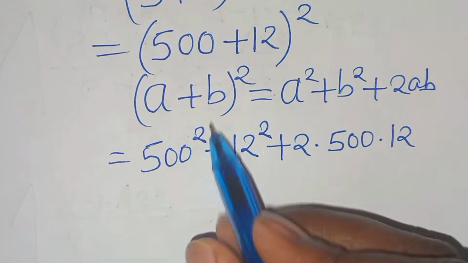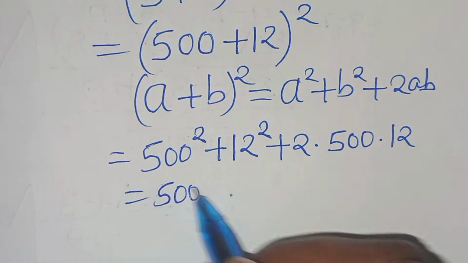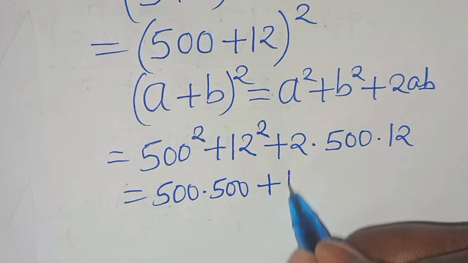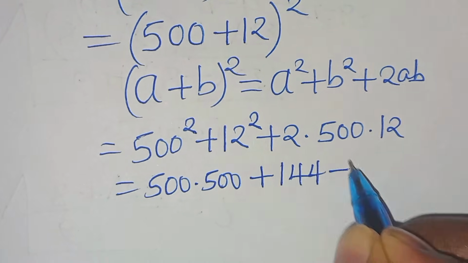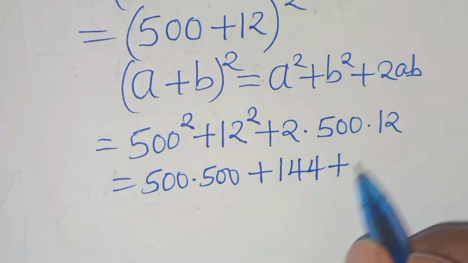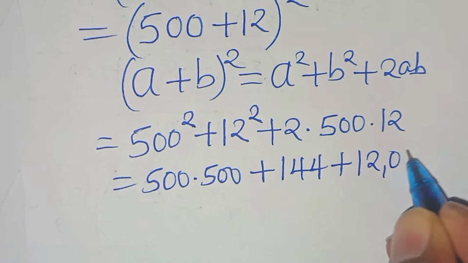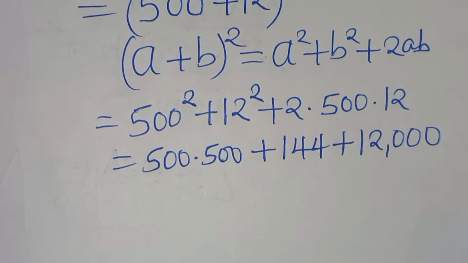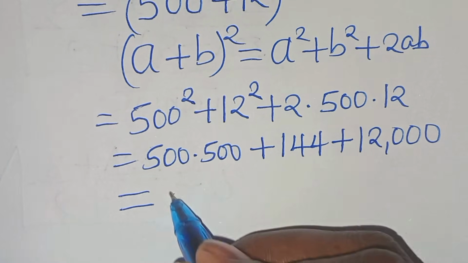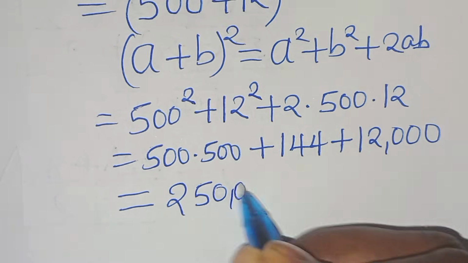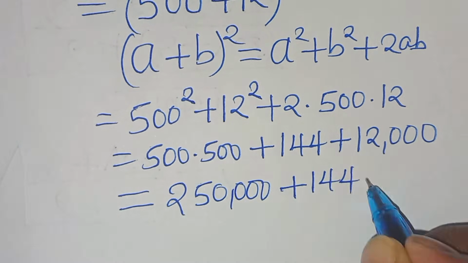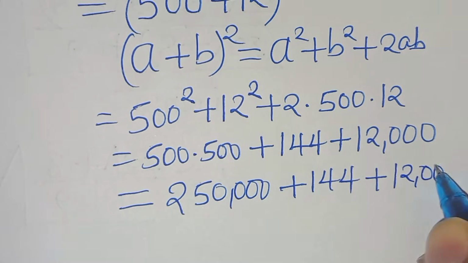500 raised to the power of 2 is the same thing as 500 times 500, then plus 12 squared, this is 144, then plus 500 times 2, this is 1000 times 12, so we have 12,000. So here we have 500 times 500, this is equal to 250,000 plus 144, then plus 12,000.